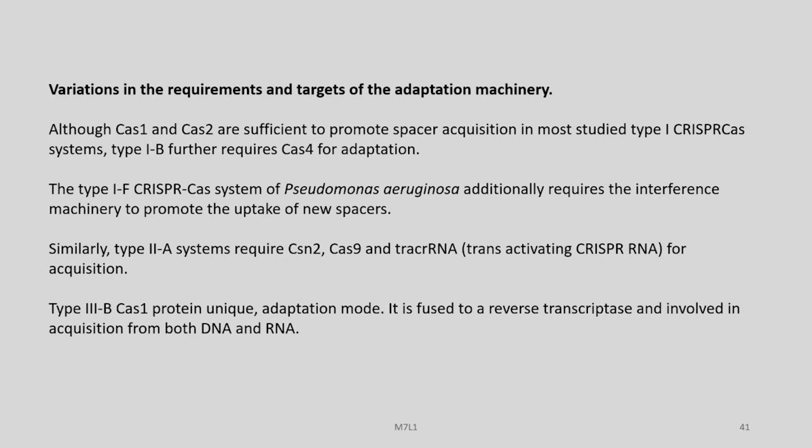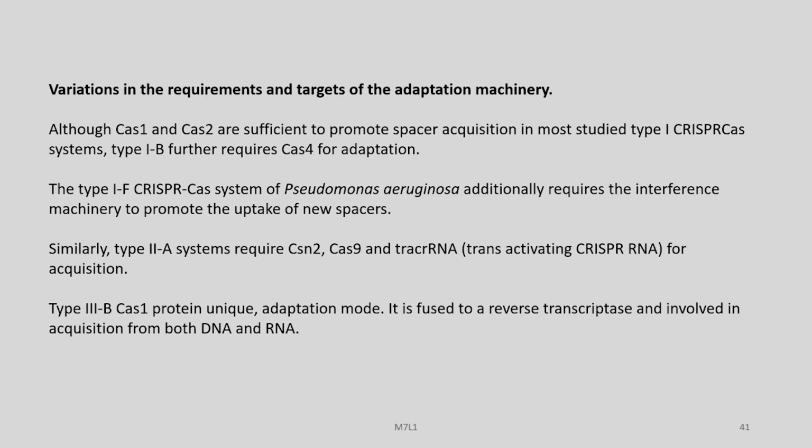There are variations in the requirements and targets of the adaptation machinery. Cas1 and Cas2, although sufficient to promote spacer acquisition in most studied type 1 CRISPR systems, type 1b requires Cas4 for adaptation. The type 1f CRISPR-Cas system of Pseudomonas aeruginosa additionally requires the interference machinery to promote the uptake of new spacers.